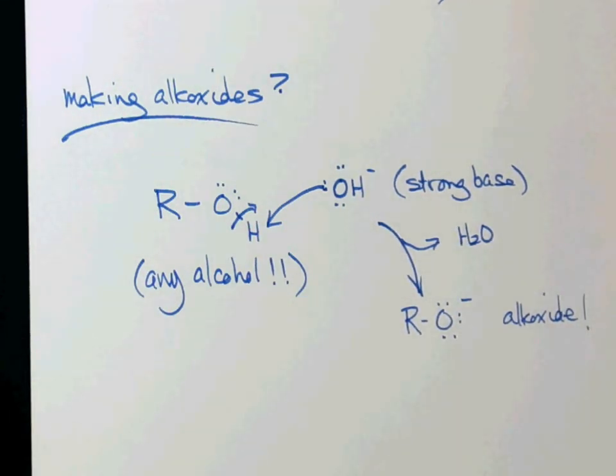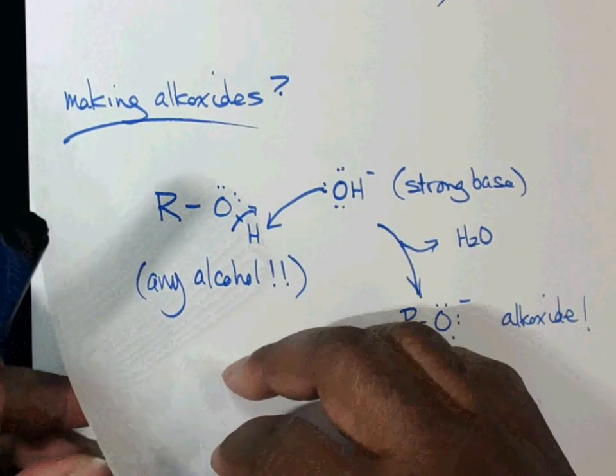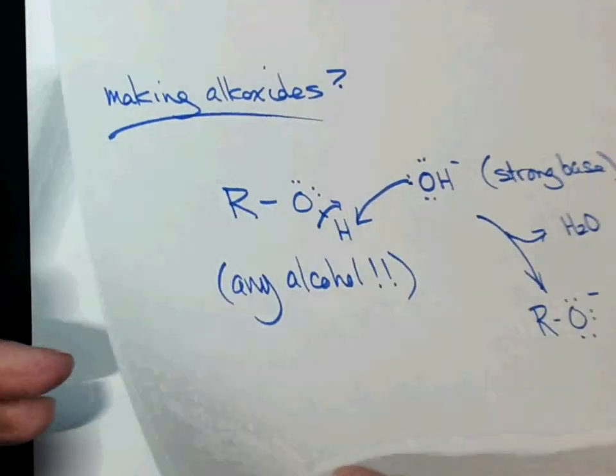Okay, so once we make our alkoxide, and remember, we said it doesn't matter what kind of alcohol is the parent to the alkoxide. The alcohol itself can be primary, secondary, tertiary, it does not matter.